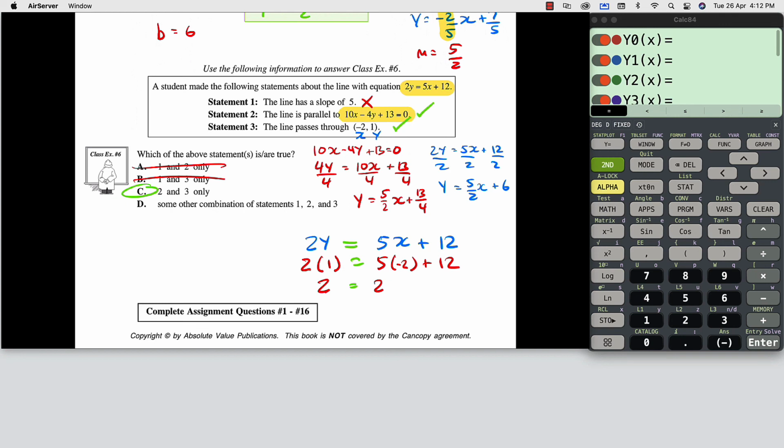I don't like this question because some other combination of statements 1, 2, and 3, I guess, could be true as well. We're saying 1 is false, 2 is true, and 3 is true. So really C and D, well, bad question. But you should understand what I've done there.